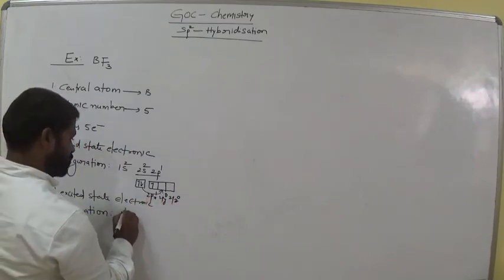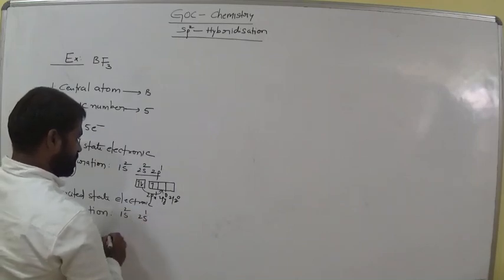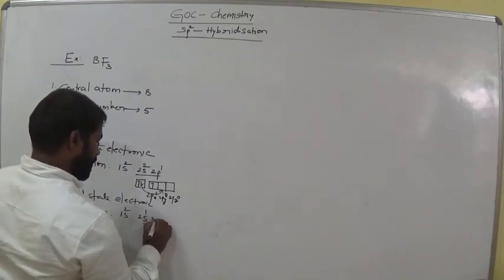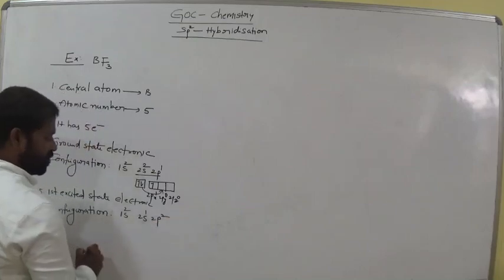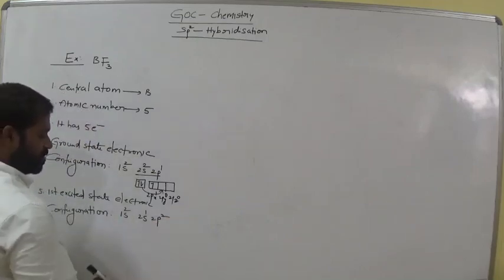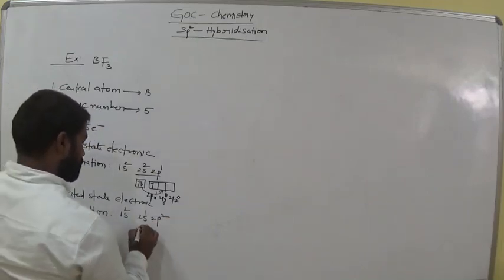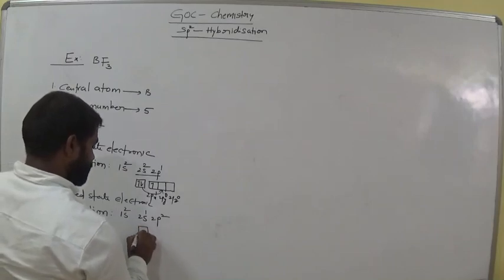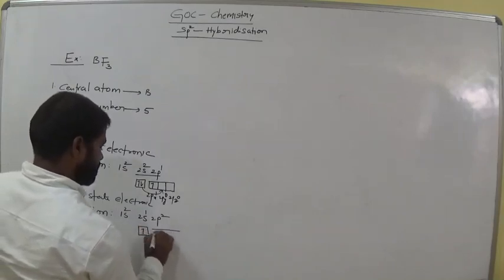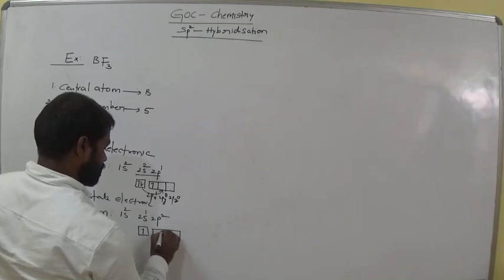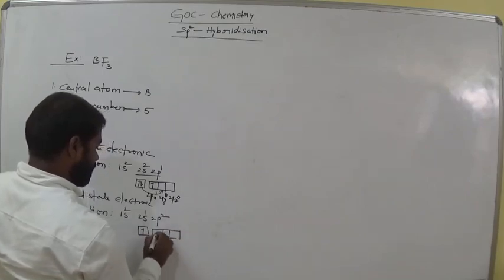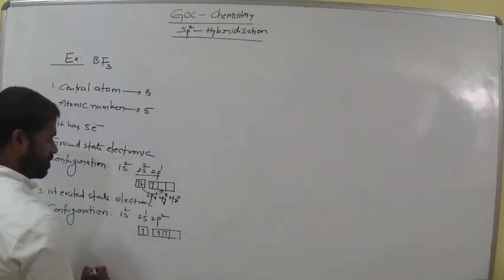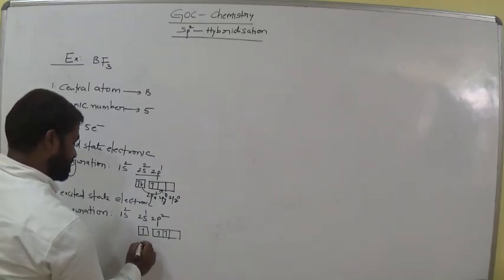Then 1s2, 2s1, 2p2. Now in 2s, 1 electron, and in 2p, 2 electrons. Is that clear?